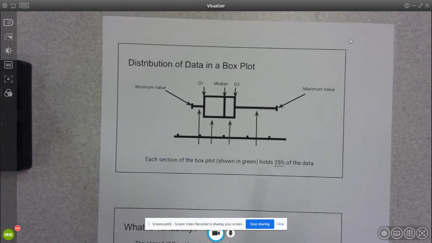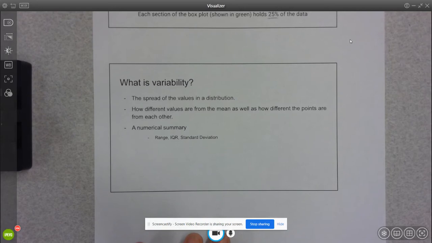So we're going to actually go through an example in a little bit and create a box plot and do some analysis with that box plot. But before we do that, we do need to talk about a couple other things. So variability is the spread of our values in a distribution: how different they are from the mean, how different they are from each other, how different they are from quartile to quartile, and things of that nature.